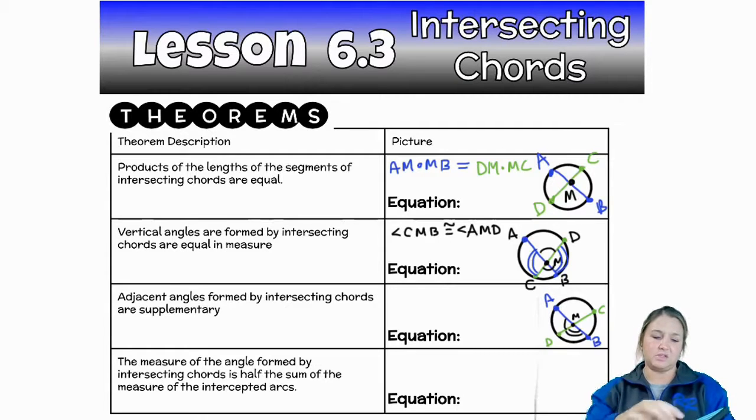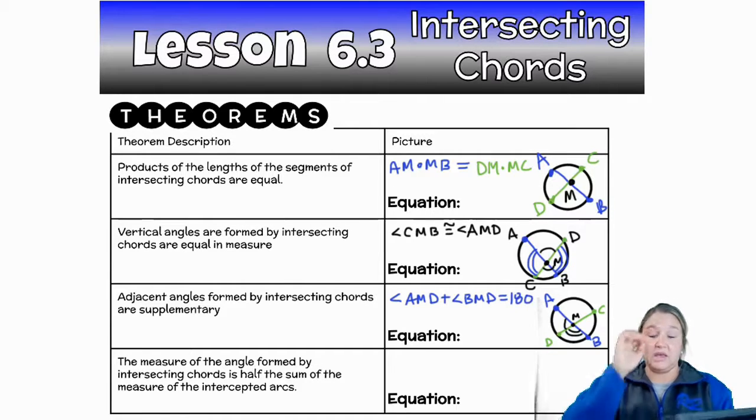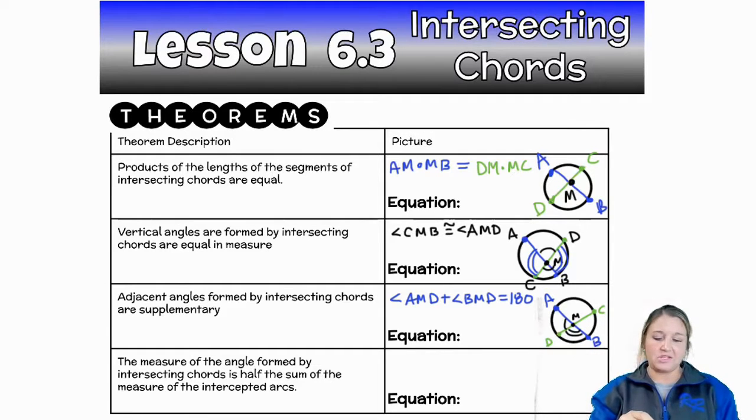So I kind of said that funky. So here we go. So angle AMD plus angle BMD is going to be equal to 180 because they make up that line segment AB. You guys know that. We've looked at that. It's just a little bit different when you look at it in a circle.